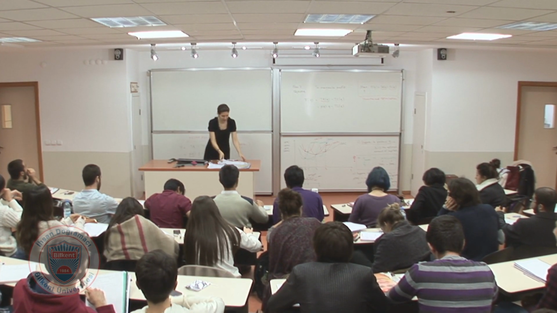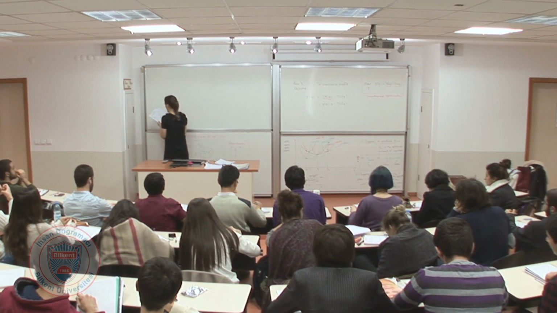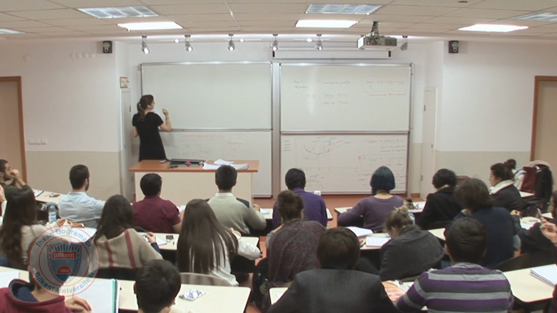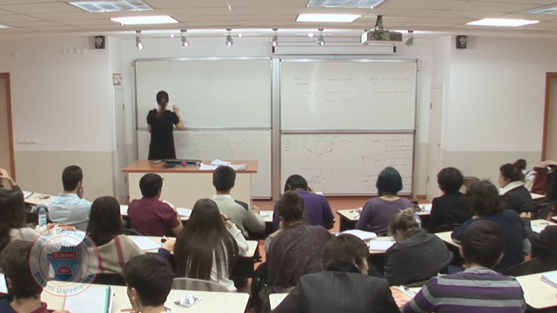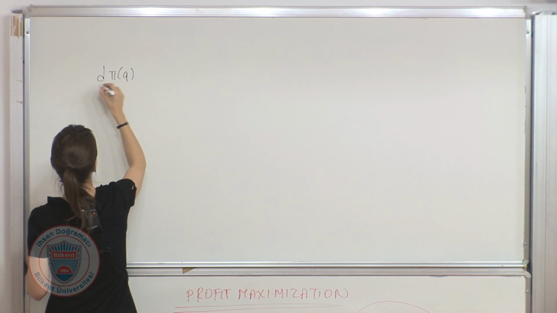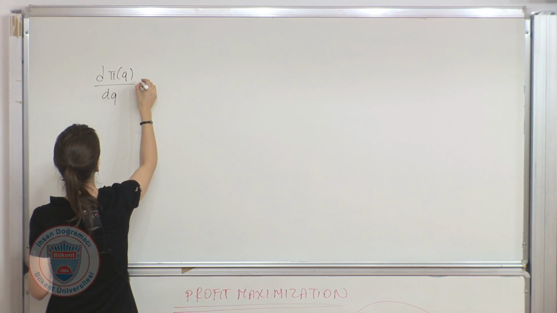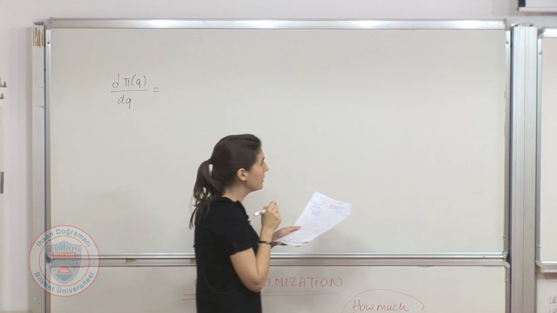Now you see, our life is easier. We did the harder stuff first. Now it's much easier. Okay, so let's think of the optimization problem there. Let me write down the necessary condition, okay? We take the derivative of the profit function, right?